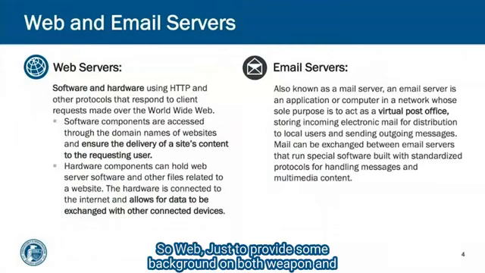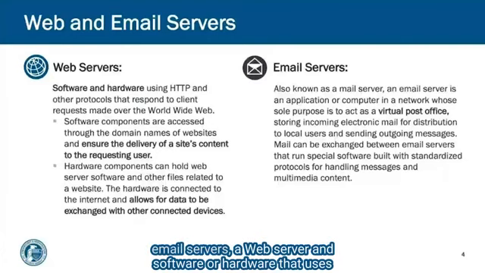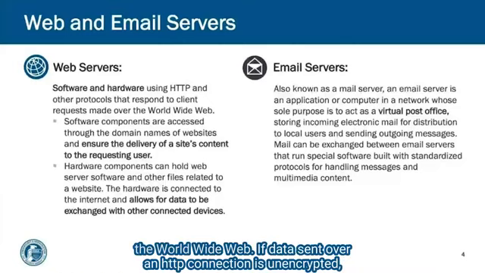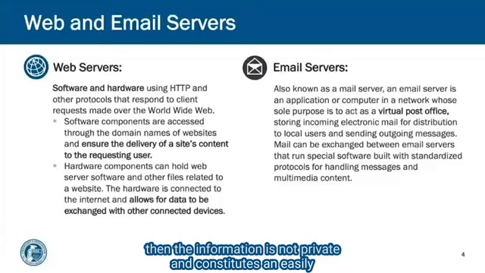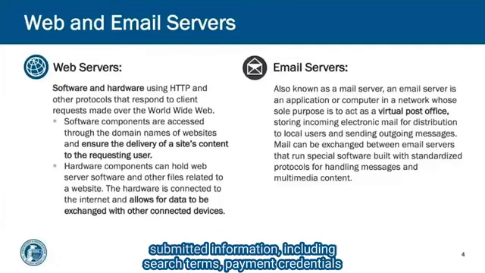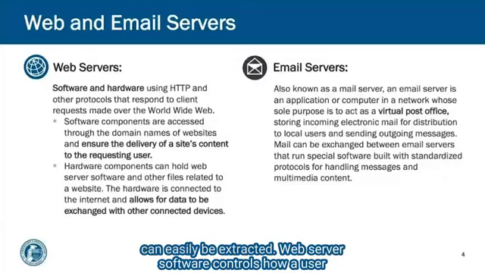So let me provide some background on both web and email servers. A web server is software or hardware that uses HTTP and other protocols to respond to client requests made over the World Wide Web. If data sent over an HTTP connection is unencrypted, then the information is not private and constitutes an easily exploited privacy vulnerability, as website data and any user-submitted information, including search terms and payment credentials, can easily be extracted.